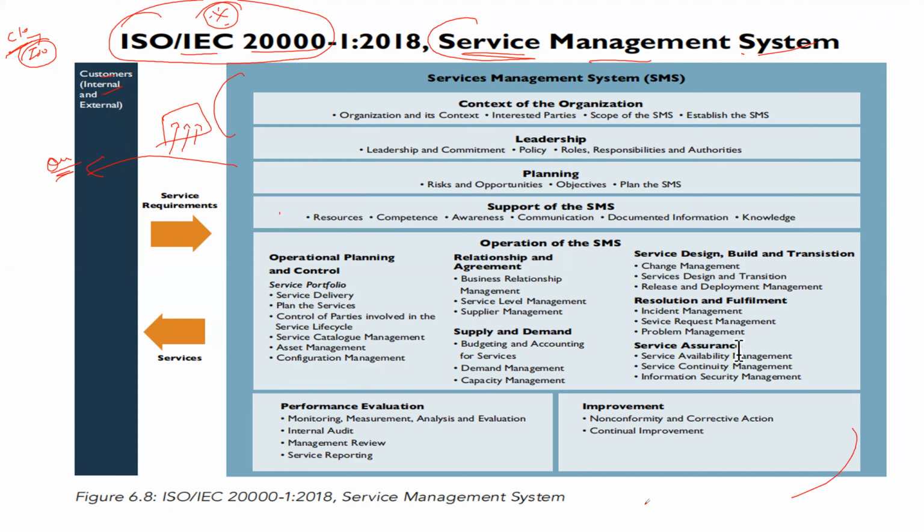ISO 20000 stands for Service Management System. Before implementing any standard, first I have to understand the scope of this particular standard. What is the reason I'm going to implement this ISO standard? Who are all the interested parties and stakeholders? And then I establish the SMS system.